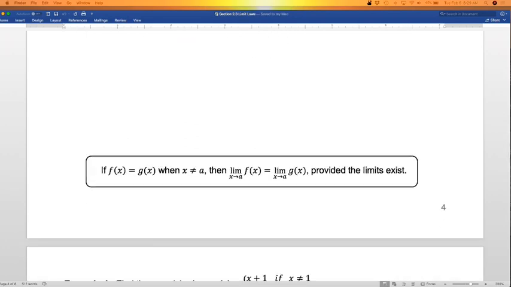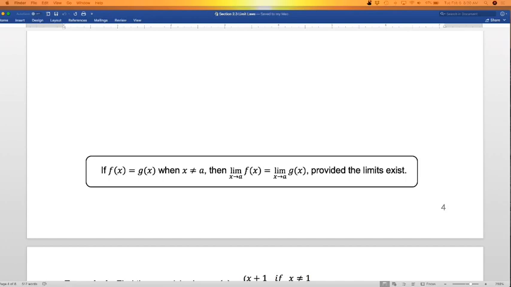And so we can state that if f of x equals g of x when x doesn't equal a, so everywhere but that one point that you're looking at, then their limits are equal as long as their limits exist. It seems really, what's the word I'm looking for? Unnecessary.